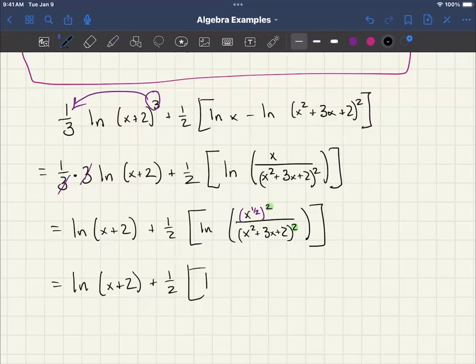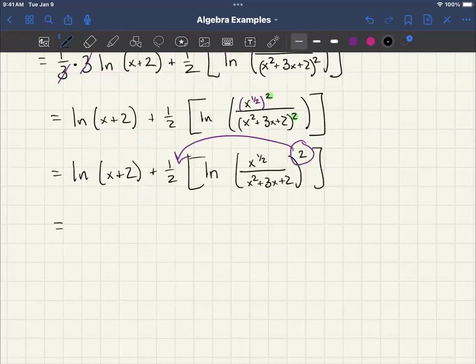We can pull that squared out of both the top and the bottom. So now that whole quantity is squared, which means we can take that number and pull it out to the front, which is going to allow us to cancel that with the 1/2. Plus 1/2 times 2, naturally, cancel out.